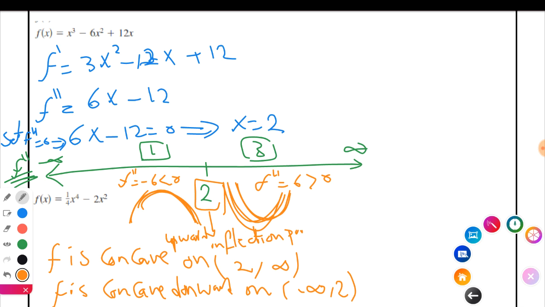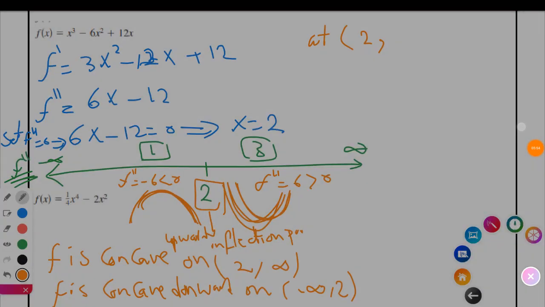So, inflection point at which point? 2. Then replace in the function to find its y coordinate. Wait just 1 minute. I already found it, so wait a minute.